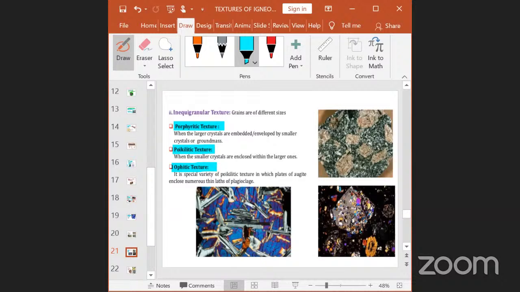Usually there is a marked difference in the grain size of the rocks, but if the variation from larger to smaller is systematic and gradual, then that is known as the aceriate texture, right?